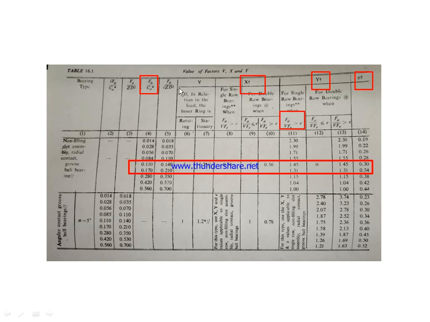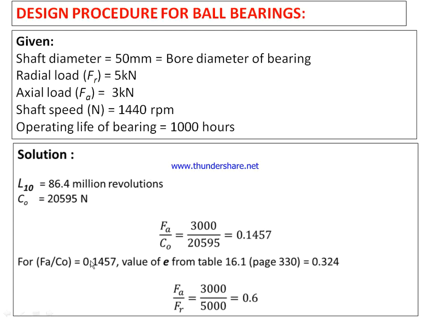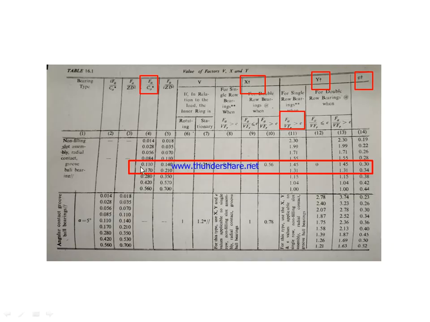Now look at this table 16.1. Here this is FA by C0. FA by C naught is 0.110, 0.170, but we have 0.1457. So to get the value of E, last column, for the value of FA by C naught equal to 0.1457, you have to carry out interpolation, right?